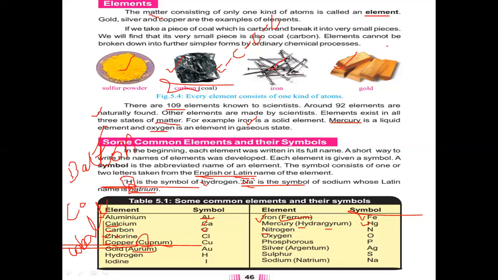Nitrogen N, oxygen O, phosphorus P. Silver, sulfur and sodium all start with S. Silver is given the Latin name argentum, and the symbol is Ag. Sulfur is S. Sodium is again the Latin name natrium, and we have taken the symbol Na. That is quite interesting.